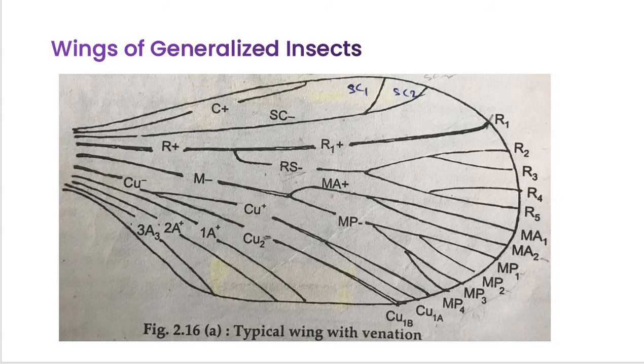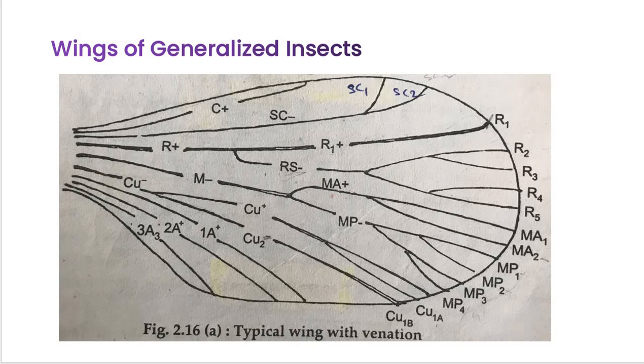Now the subcosta, after running a short distance, gives two short veins, subcosta 1 and subcosta 2. Then this is the radius. The radius, after running a short distance, bifurcates into two. The first one is R1, and the other one again bifurcates into four to give four veins.